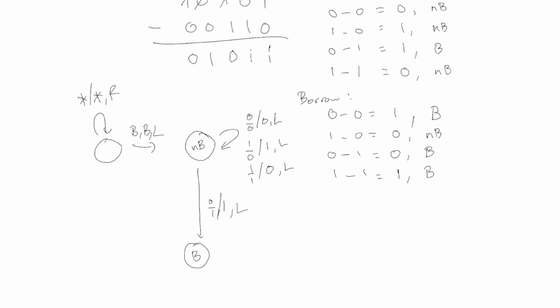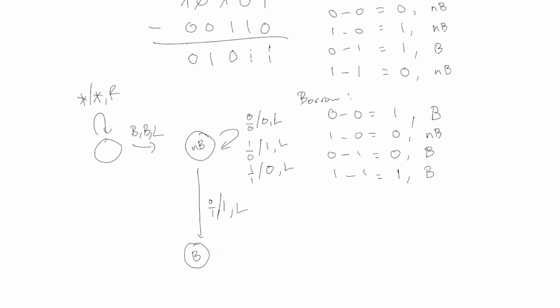Like that, all right? As I was going around, it seemed like most people arrived on this. The harder part to think through is what happens in the borrow state, following what I've already reasoned out over here. 0 minus 0 gives me an answer of 1 and back to the borrow.